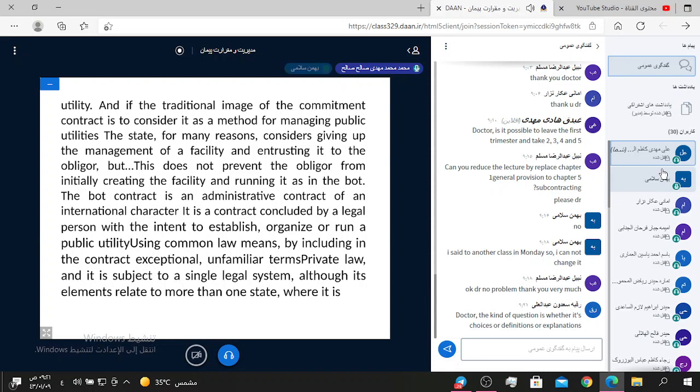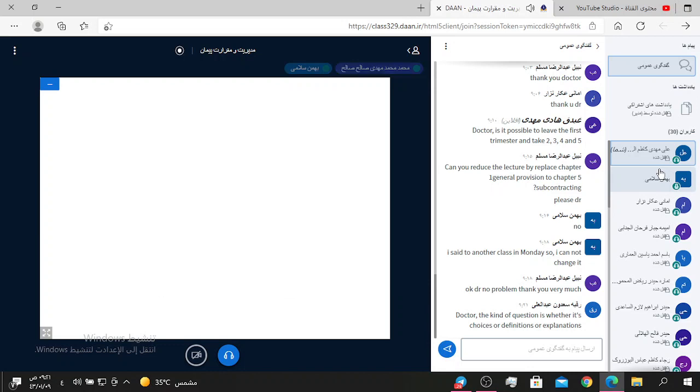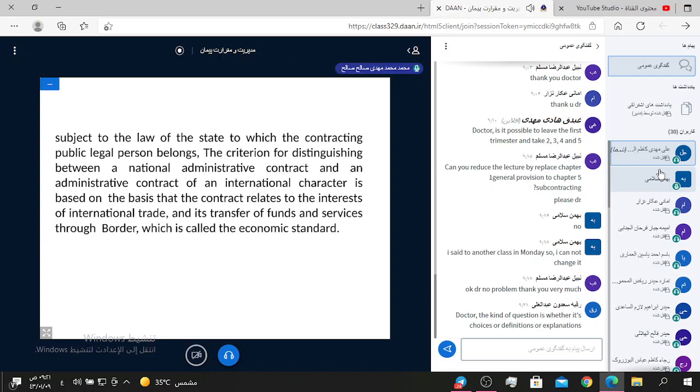Although its elements relate to more than one state, it is subject to the law of the state to which the contracting public legal person belongs.